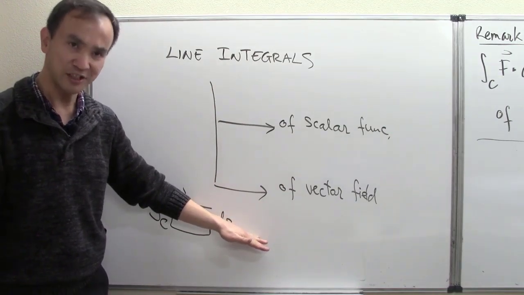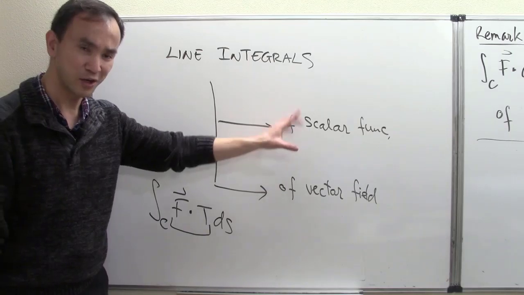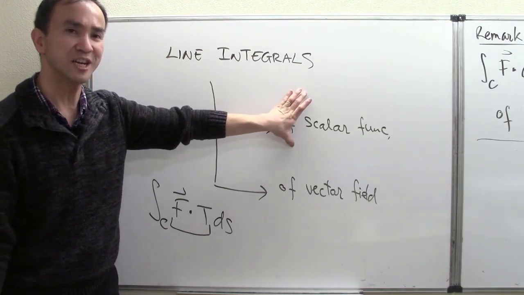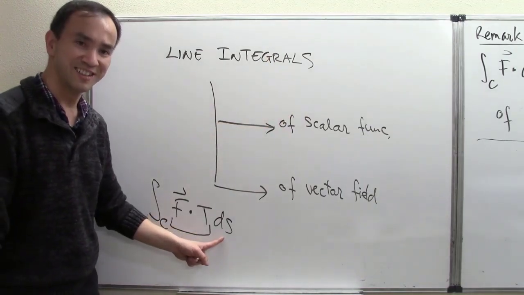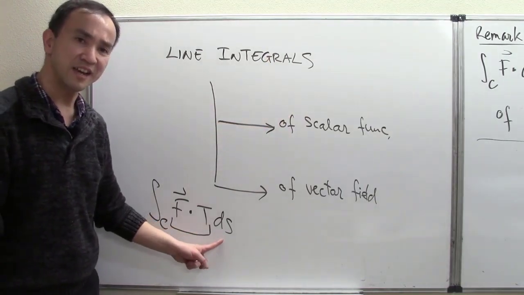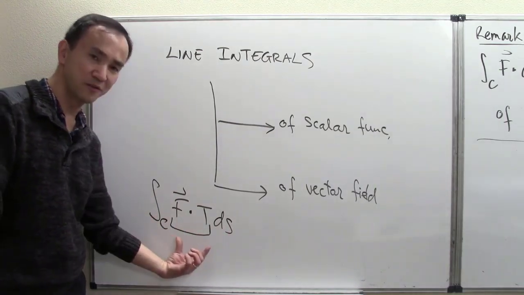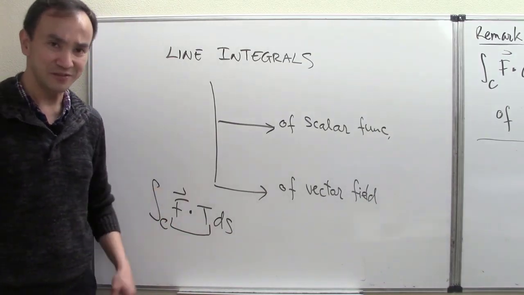Yes, those are two major types, but in the end, it all breaks down to this one kind right here. So we learn this to train ourselves to be fluent with the skill of how to find line integrals with respect to a certain arc in the xy plane or in a space curve, and then accumulate that with some scalar function multiplied with it. That's the idea of a line integral.